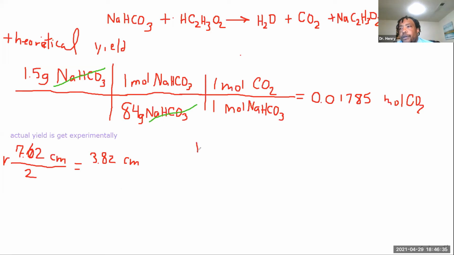So then I'm going to calculate my volume. The volume of a sphere is going to be 4/3 pi r cubed. So then I'm just going to plug in my r value, and I'll get 4/3 pi times 3.82 centimeters, cubed.